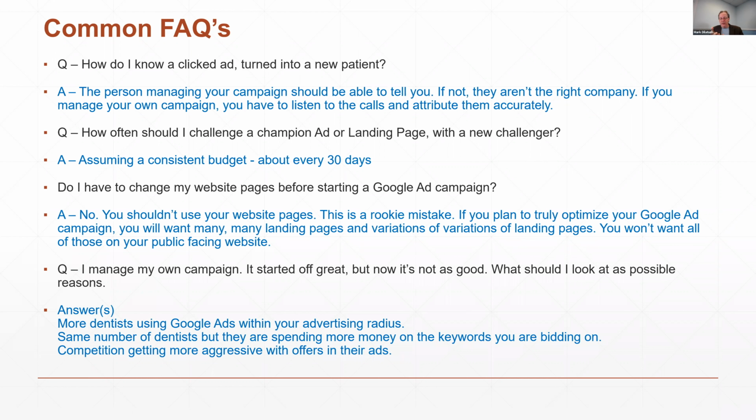Same number of people doing implant searches in your 10-mile radius. Only now Dr. Bob, because he put the deal on his ad, is getting the vast majority of clicks, because we told you before, a lot of people who are using Google Ads to find dental services are actually looking for a better price because they've already been diagnosed and they already have the price from the dentist that they already use.